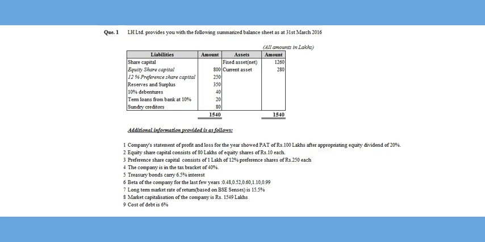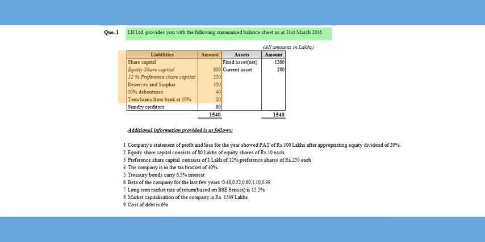LH Limited provides you with the following summarized balance sheet as at 31st March 2016. All amounts discussed henceforth are given in lakhs. Share capital consists of equity and preference shares of rupees 800 and rupees 250 lakhs respectively. Reserves and surplus of the company amounts to rupees 350.